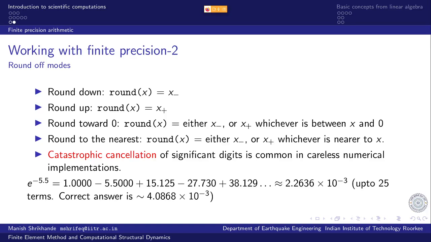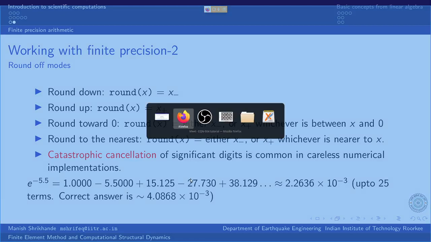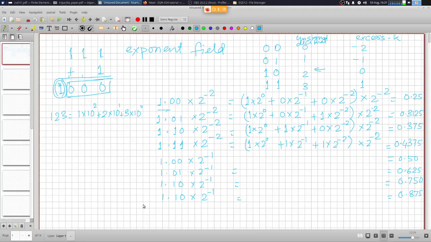So how do we correct this? The answer is very simple. We have to evaluate it not as e raised to the power minus 5.5, but rather recognizing that e raised to the power minus 5.5 is equal to 1 over e raised to the power 5.5, and then e raised to the power 5.5 can be expanded in series form as 1 plus 5.5 plus 5.5 square by 2 plus 5.5 cube by factorial 3, and so on.